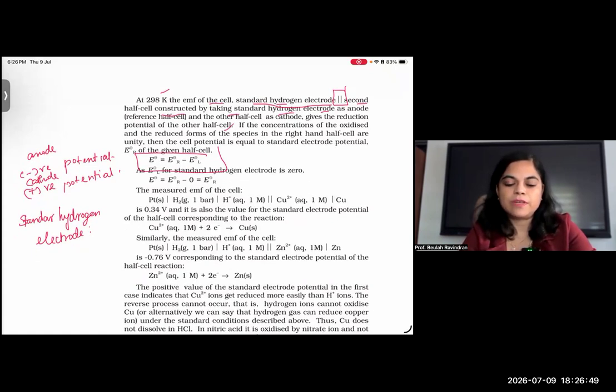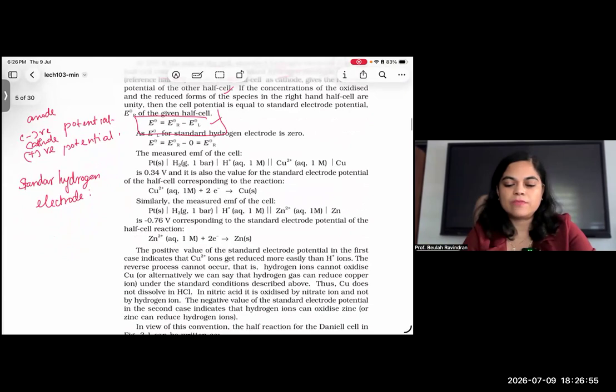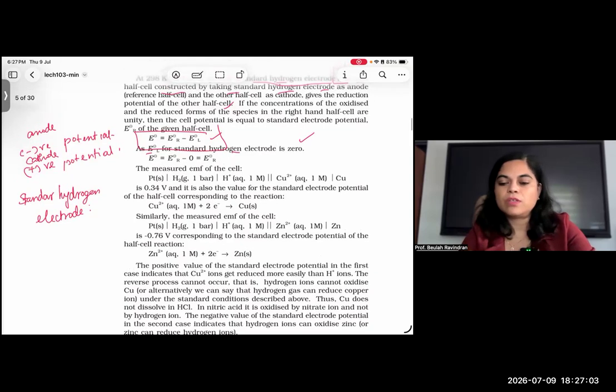So how can we find this out by means of this equation? E standard is equal to E right minus E left. Then E left for the standard hydrogen electrode is 0. So how is it equal to 0? If the concentrations of the oxidized and the reduced forms of the species in the right hand cell are unity, then the cell potential is equal to the standard electrode potential of the given half cell.